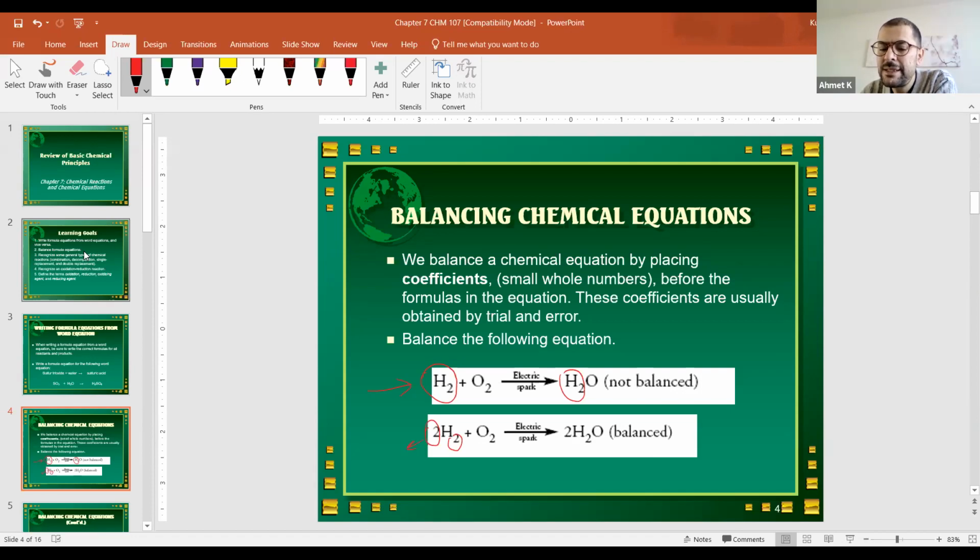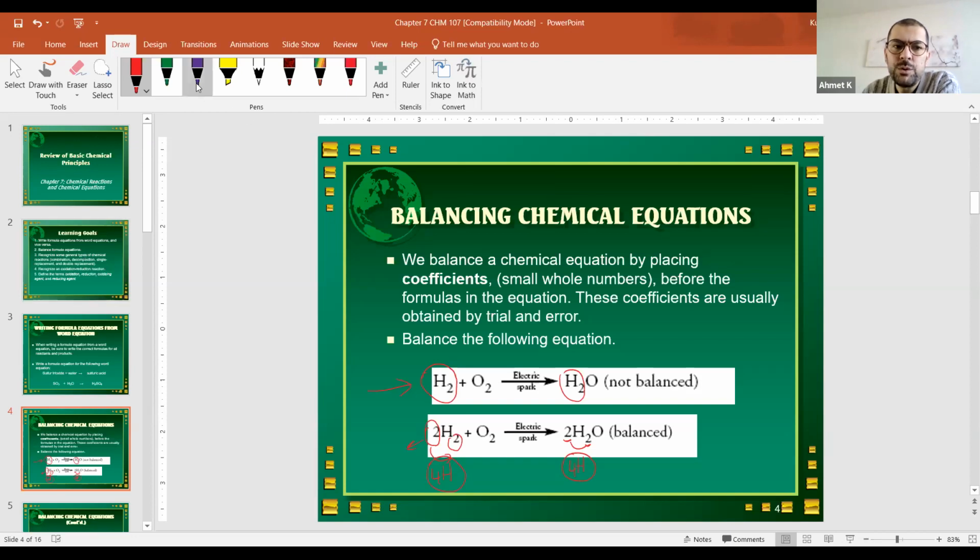Whenever you place a 2, for instance, it is multiplied by these 2, and now you have 4 hydrogen. Same thing on the other side: you have 2 here and 2 hydrogen here, so it's 4 hydrogen here too. So as you can see, the number of hydrogen, the moles, is equal right now, 4 hydrogen and 4 hydrogen.